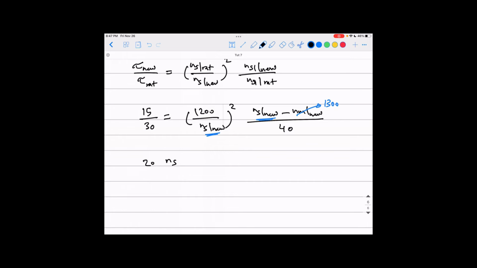20 NS new squared minus 1200 squared multiplied by the new NS, the new synchronous speed, plus 1872 times 10 to the power 6, equals 0.